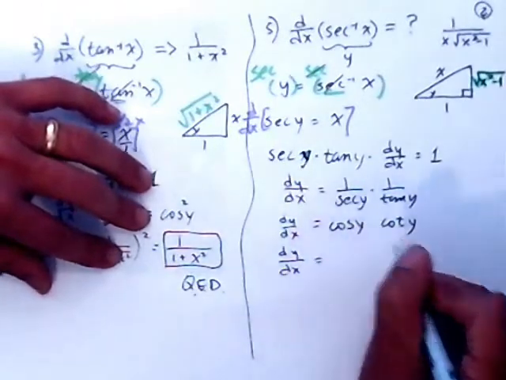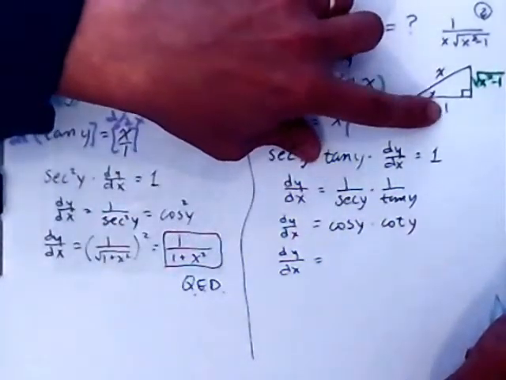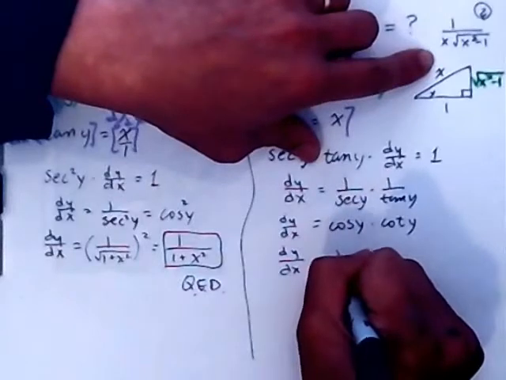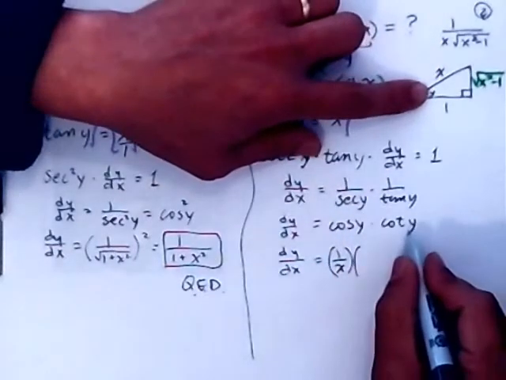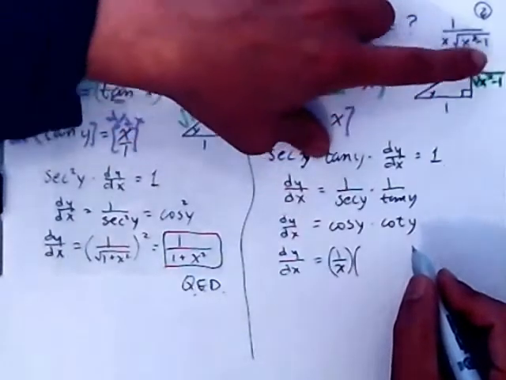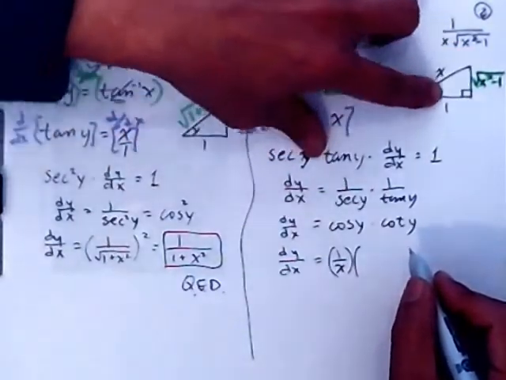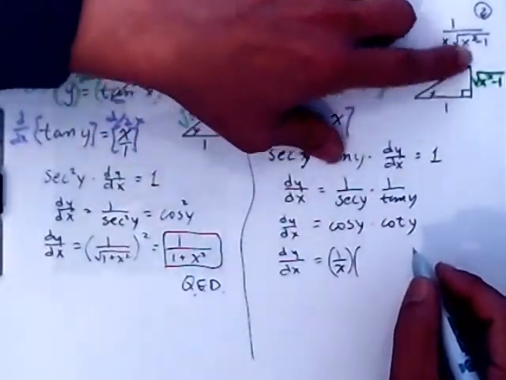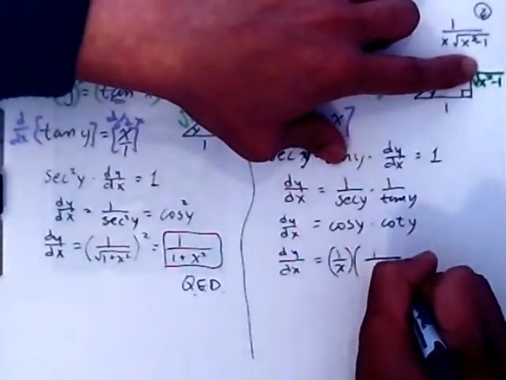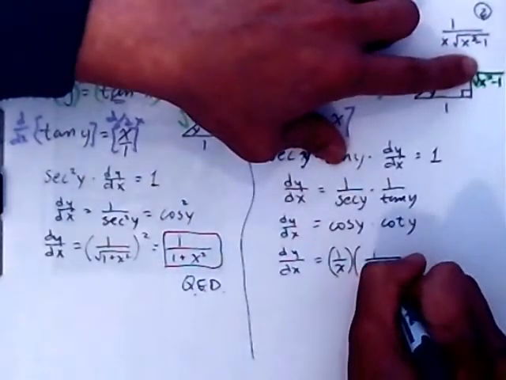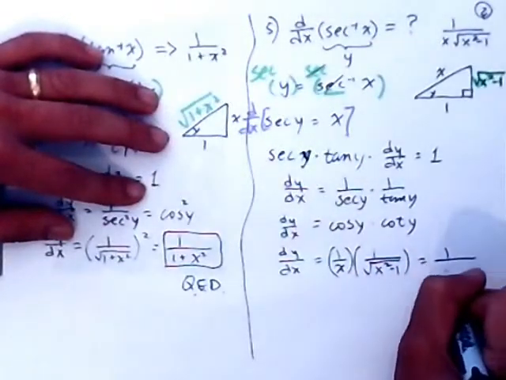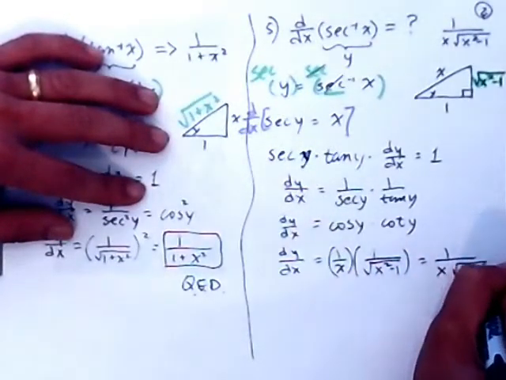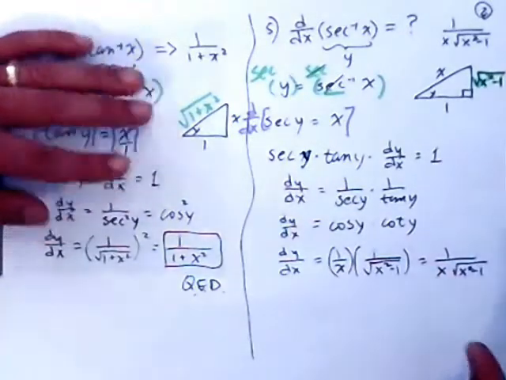The cosine of that angle now is equal to adjacent over hypotenuse, 1 over x, times the cotangent of that angle y. Tangent is opposite over adjacent. Cotangent is the reciprocal, adjacent over opposite, 1 over square root of x squared minus 1. And we simplify that to 1 over x times the square root of x squared minus 1.